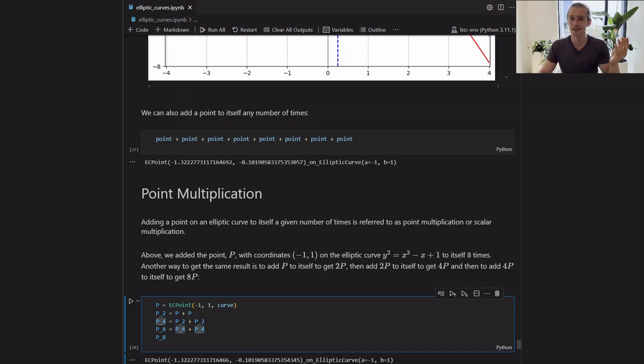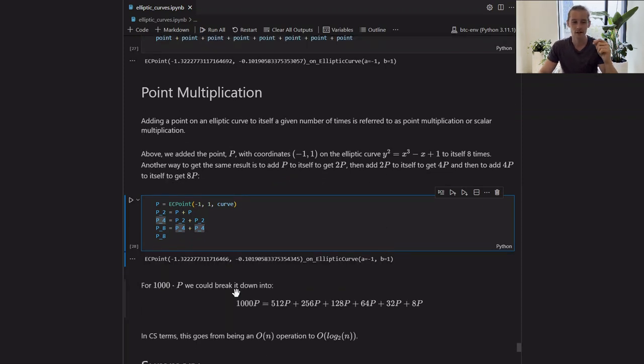Doesn't seem like that big of a deal, but if you wanted to compute 1000p, for example, the way that you could do it is you could compute 512p, 256p, 128p, 64p, 32p, and 8p. Now, the interesting thing about this is if you've already got 8p, then you only need to add that to itself once to get 16p, add that to itself again to get 32, and then you just start adding it to itself and saving all of the intermediate results to actually get 1000p.